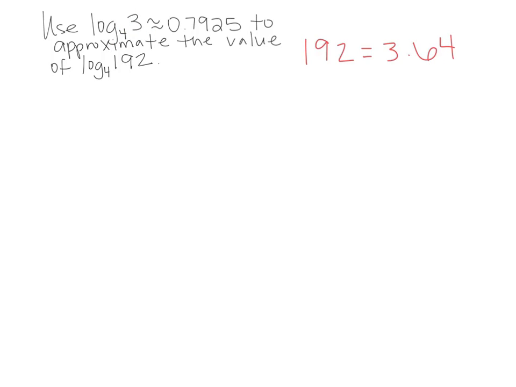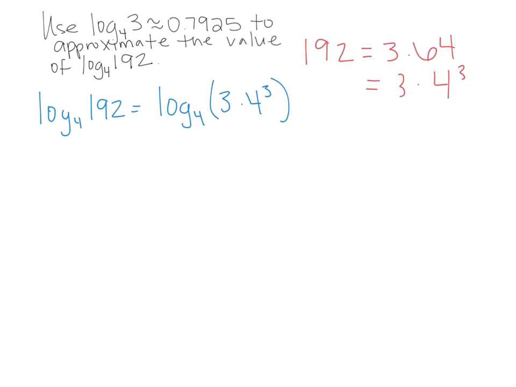However, 64 does have a neat property. 64 is the same thing as 4 cubed. 4 to the third power is 64. So we're going to rewrite this as 3 times 4 cubed. In this line right here, all I did was take log base 4 of 192 and rewrite 192 as 3 times 4 cubed.